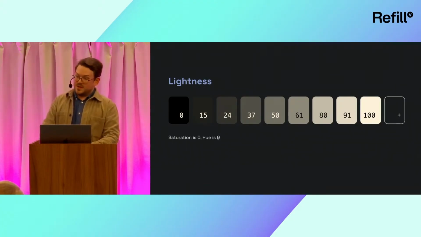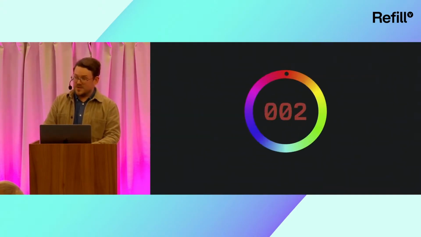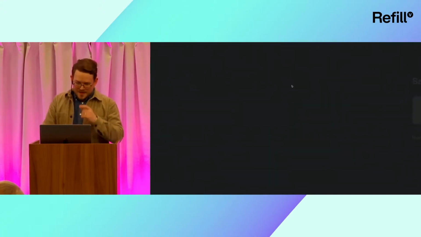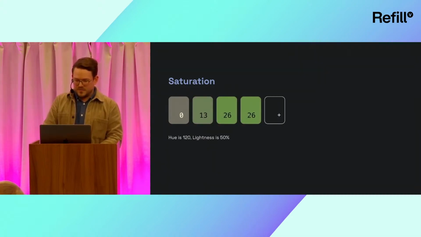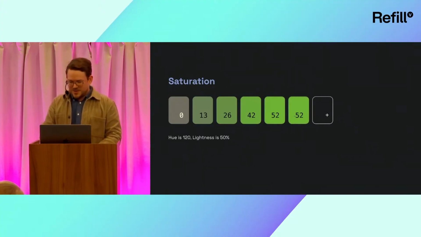Hue, if you were paying attention, is red if it's 0. Then saturation. Now I locked hue to 120 and lightness to 50%, and you can see that when we increase the numbers, the color goes up. Color goes brrr.